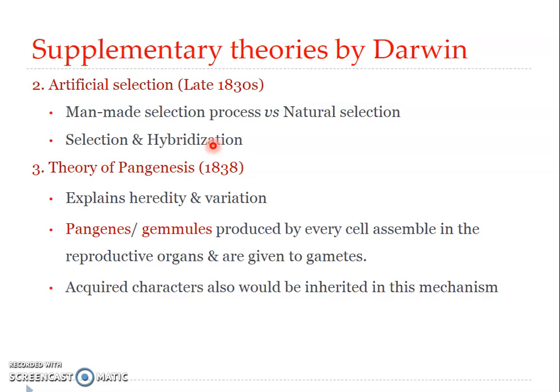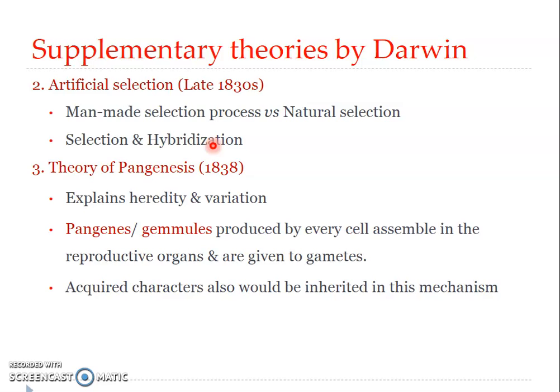But artificial selection does not every time result in viable or fertile offspring. In some cases, it may result in sterile offspring. For example, the case of the mule. A mule is a hybrid product of breeding a horse and a donkey, and this results in a sterile offspring.